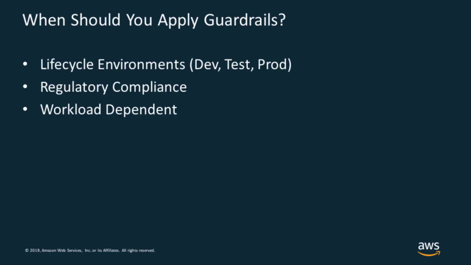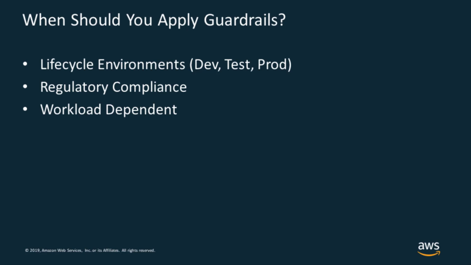The question often comes up, when should you apply elective or the strongly recommended guardrails? Your policies are going to be less restrictive in a development environment versus a production environment. For example, a production environment will be locked down to only the subset of services being used in an application.